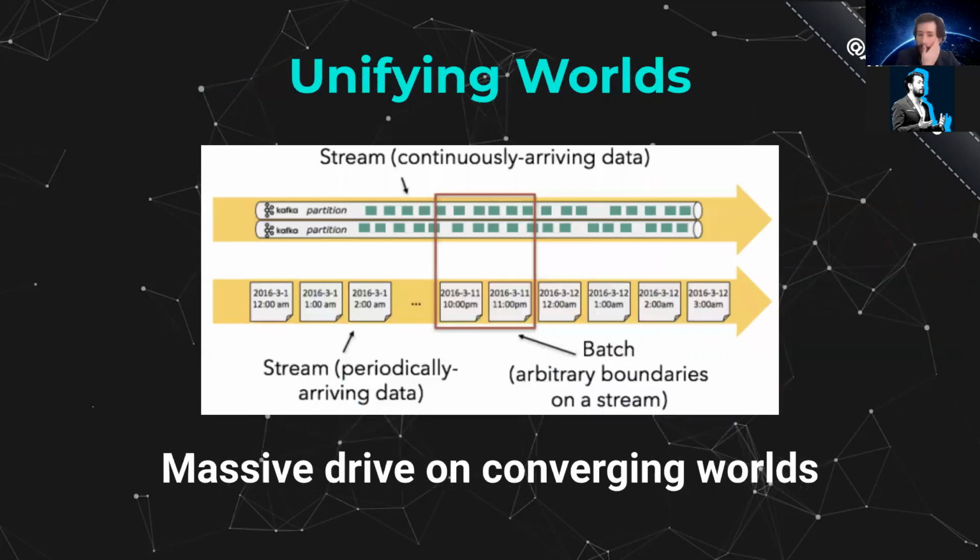And then, as I was saying, right now there's this massive trend within the streaming world to unify both worlds, batch and streaming, right? The streaming community is trying to bring in this concept that when it comes to stream processing, if you take a batch of data, it would be the exact same as if you were just streaming that. So if you take a file and pass it through a stream processor, that would still be in the same framework.